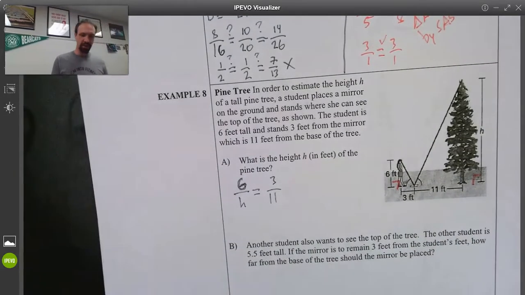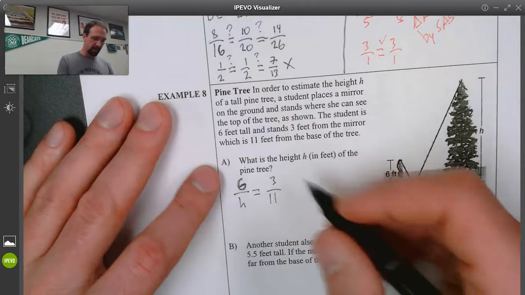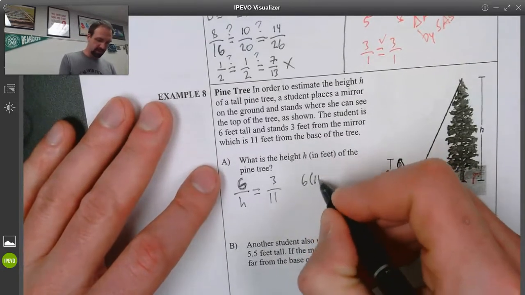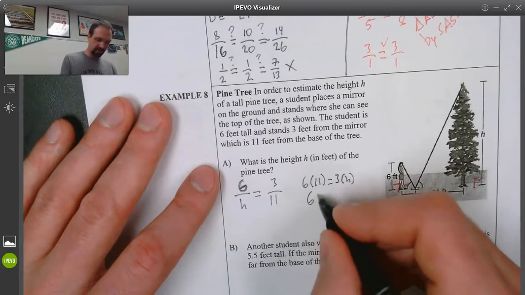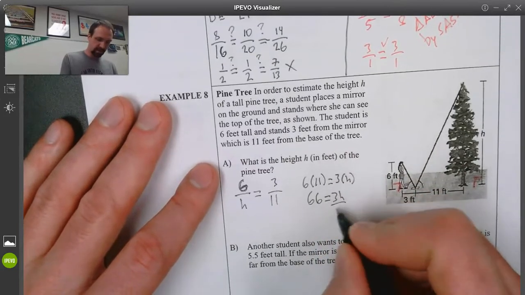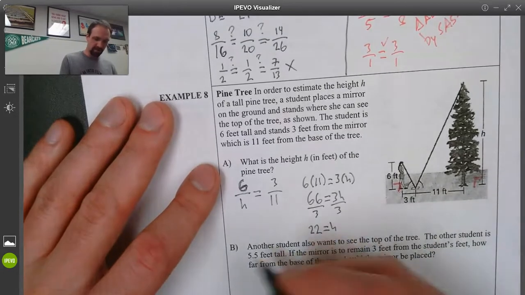And so this is all in feet. It's important to remember that we're keeping the units the same. So if I cross multiply, take 6 times 11 equals 3 times h. 6 times 11 is 66. 3h divided by 3. And so we get the height of the tree is 22 feet.